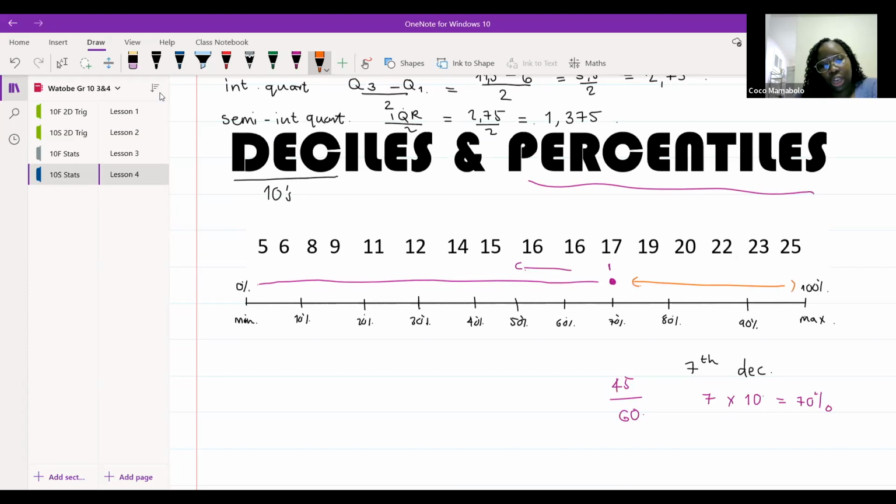What percentage of your class did better or more than you? Exactly 30%. Correct. So 30% of the class either got the same mark you did or they did better than you. Only 30% of the class.